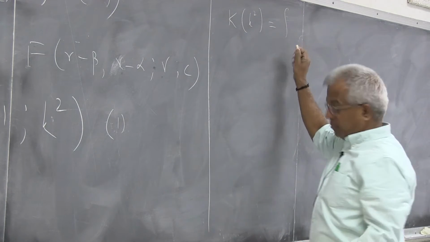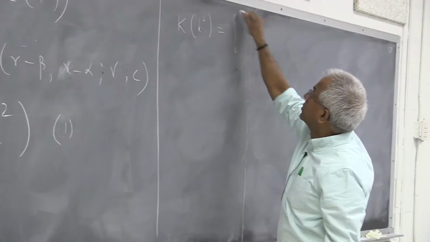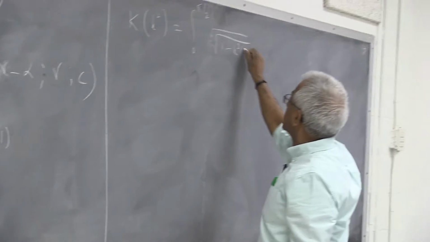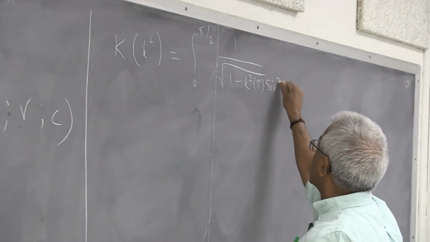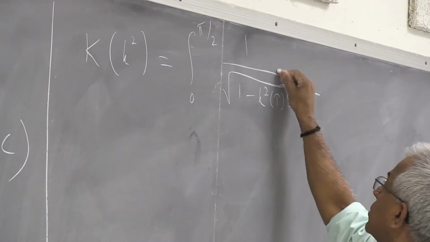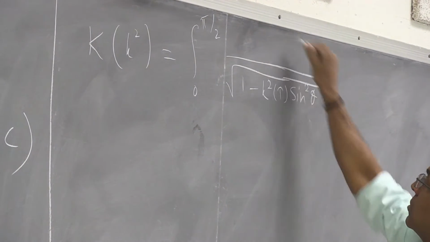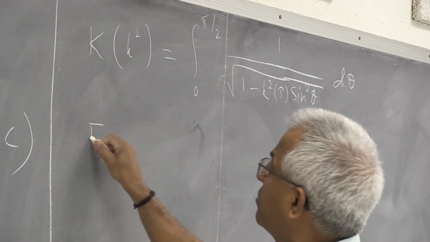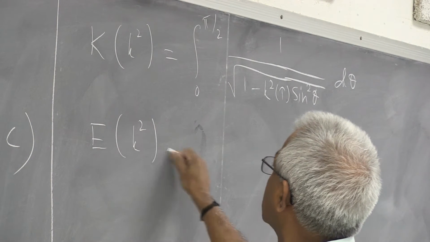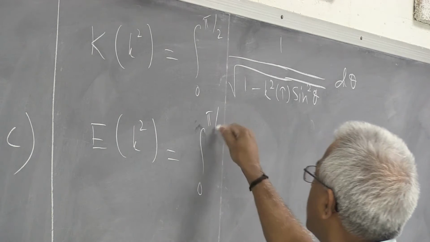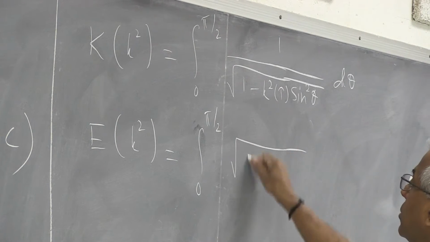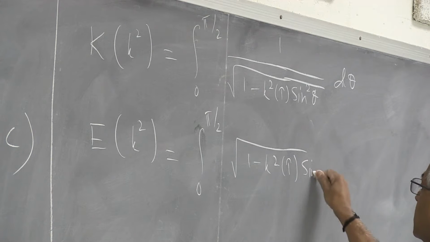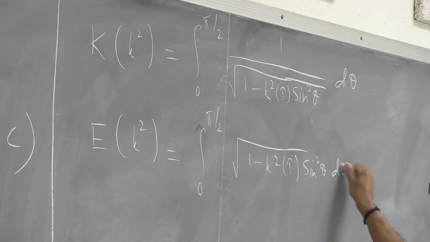This is the elliptic function of the first kind. And this is the elliptic function of the second kind, the integral from 0 to pi by 2 of the square root of 1 minus k squared sine squared theta.